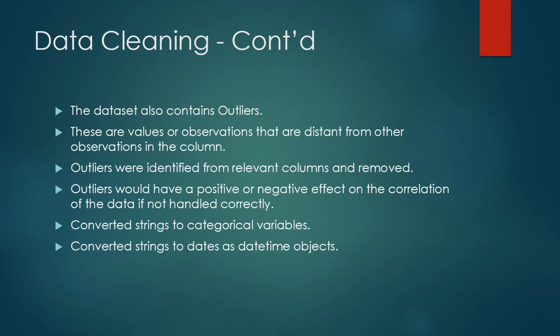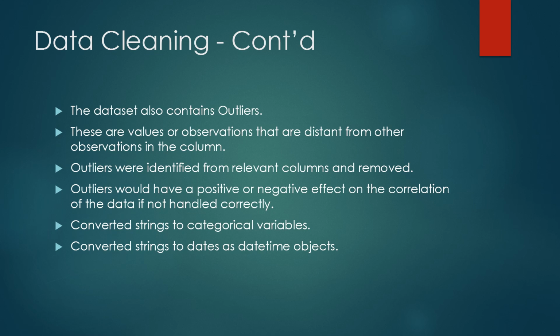This data set also contains outliers. Outliers are not missing values. These are values of observation that are distant from other observations in a column. Outliers were identified from relevant columns and removed.